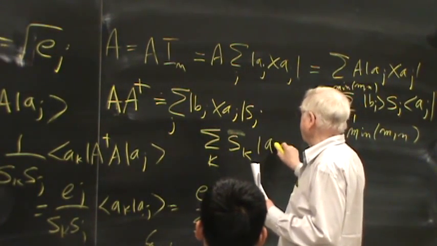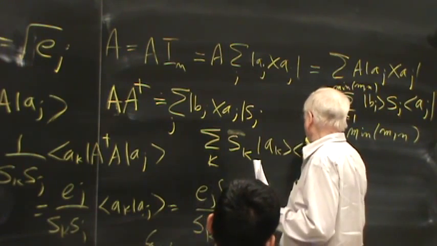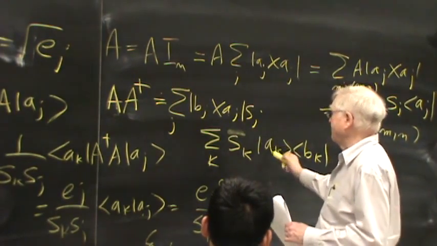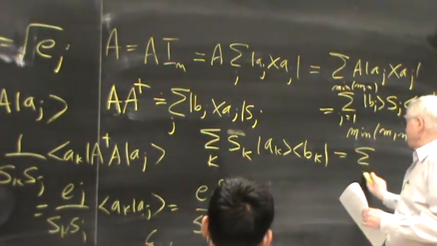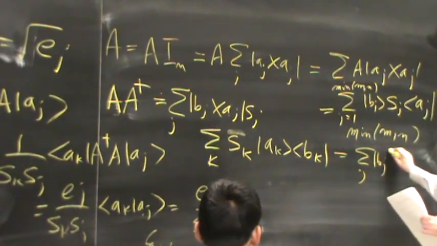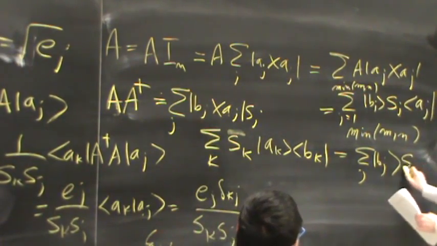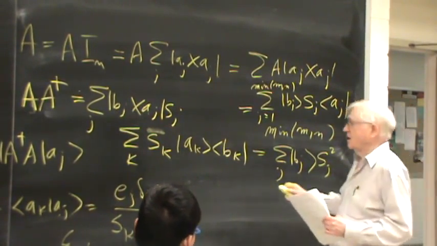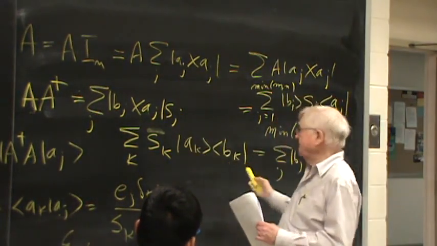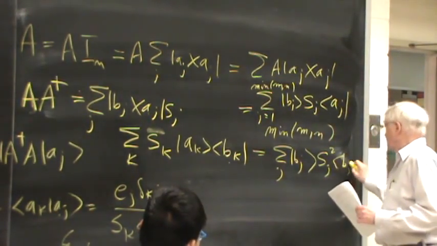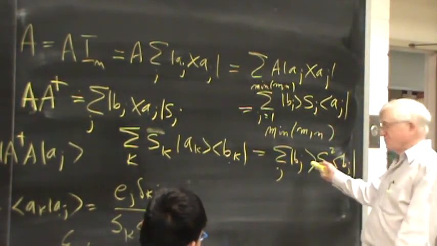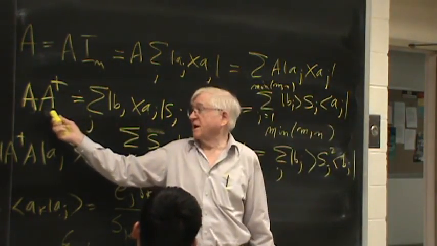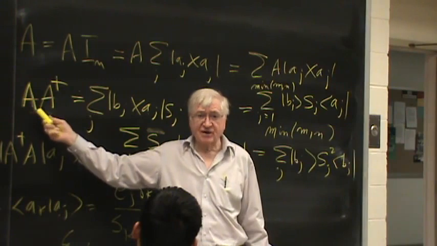This would be then Ak, Bk. And now these guys are orthonormal, and so this is a sum on j, Bj, Sj squared, Bj. And so now we see that the Bj's are simply the orthonormal eigenvectors of the Hermitian operator A A dagger.